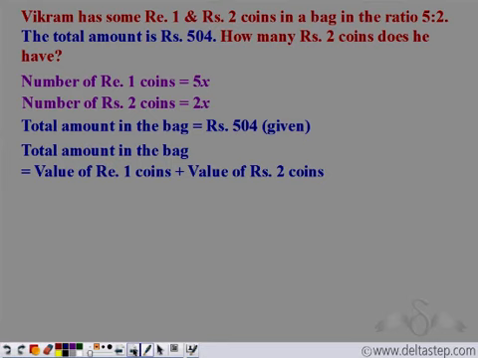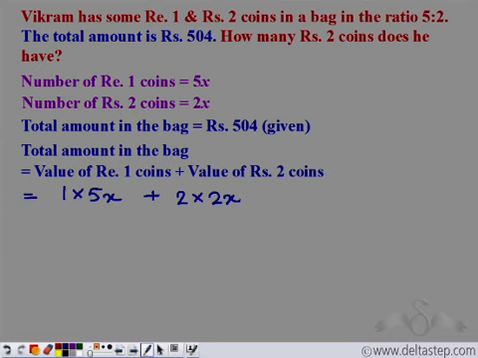Now, what is the value of rupee 1 coins? We know that the number of rupee 1 coins is 5x. So, the value of rupee 1 coins will be 1 into 5x. That is 1 rupee into 5x number of coins. Similarly, for 2 rupee coins, it will be 2 rupees into the number of 2 rupee coins, which is 2x.